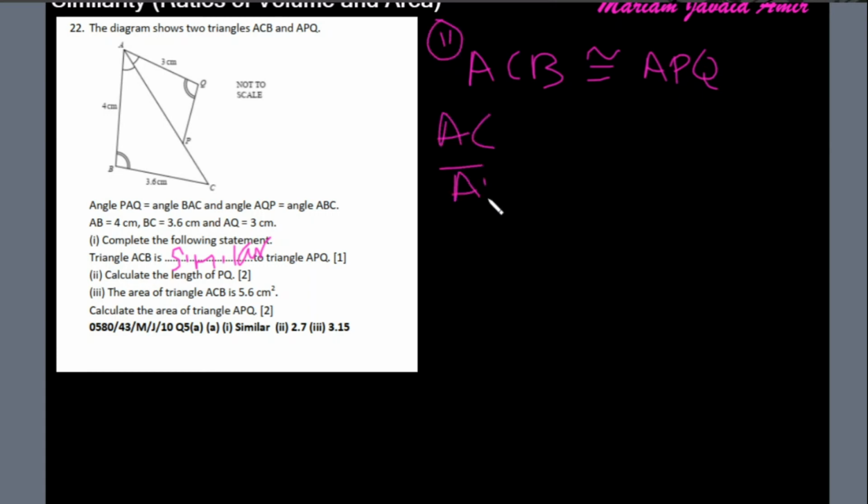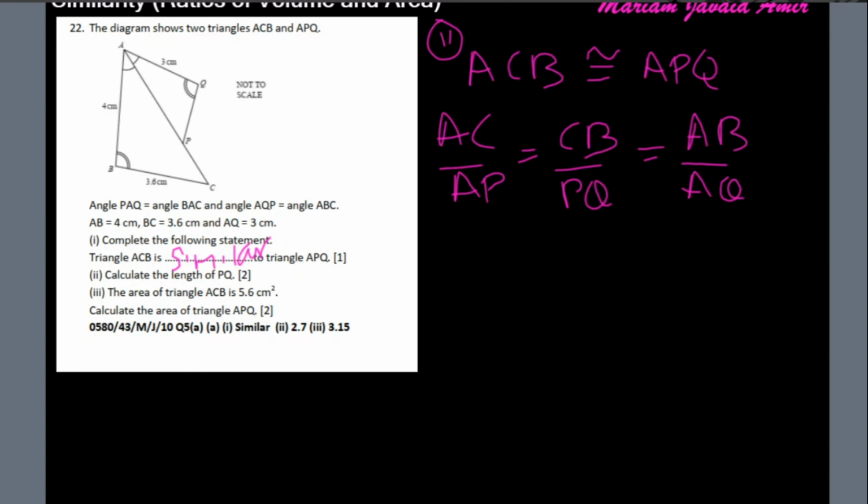Okay. Part 2, calculate the length PQ. From part 1, we know that ACB is similar to APQ. Just like in the last part, we'll establish ratios: AC over AP equals CB over PQ equals AB over AQ. So let's enter whatever we have. Do we have AC? No. Do we have AP?